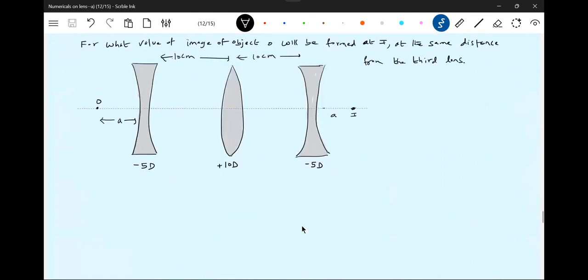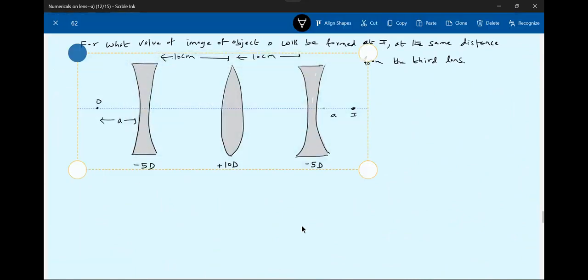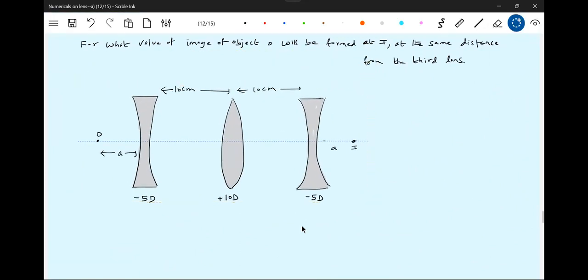Okay, now this will be one more good question. For what value of A will the image of object O be formed at I, at the same distance from the third?